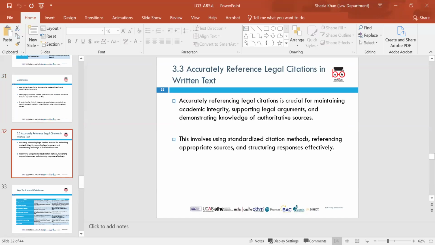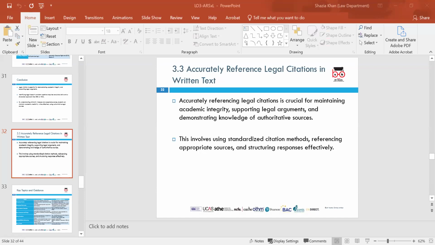So accurately reference legal citations, making sure that your reference is accurate and that you are using the right style. In this case, it's OSCOLA.